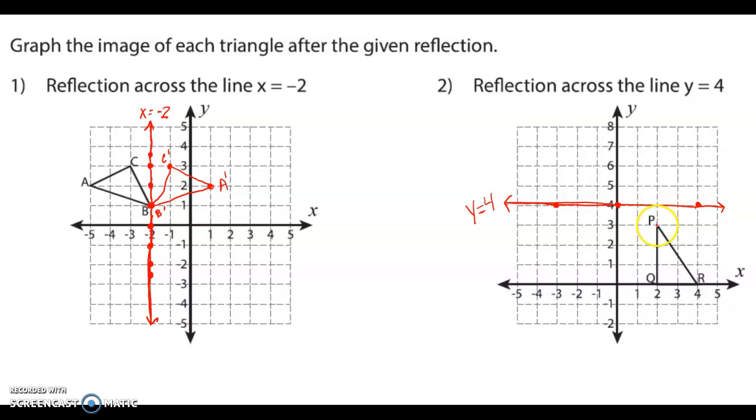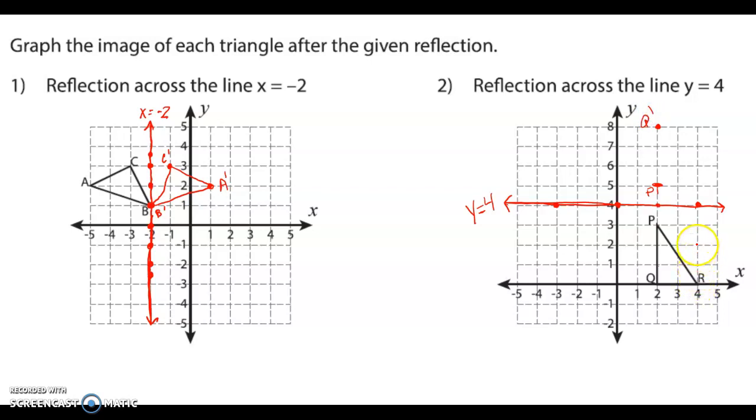So let's start with P. P is 1 unit from my line of reflection. To reflect it, I need to go another 1 unit. That will give me P prime. Q is 1, 2, 3, 4 points from the line of reflection. So I'm going to count 1, 2, 3, 4 points above my line of reflection, and that's going to be Q prime.